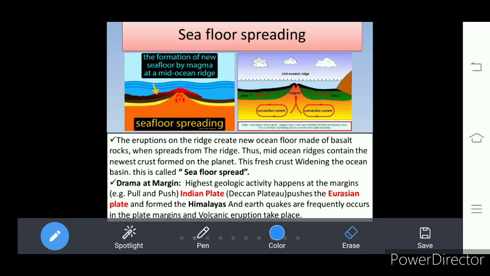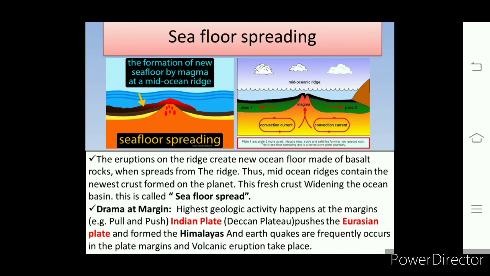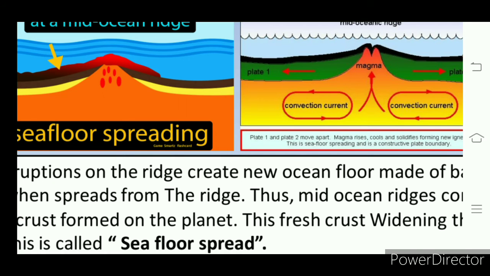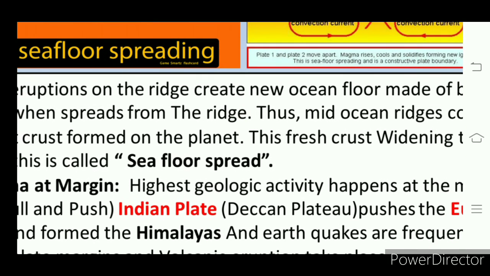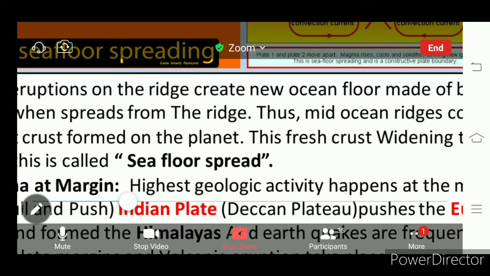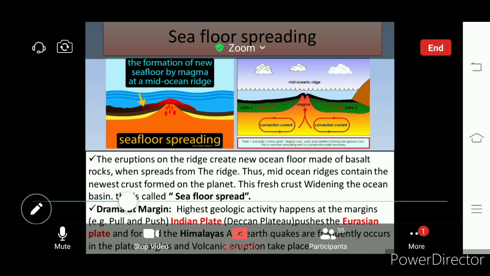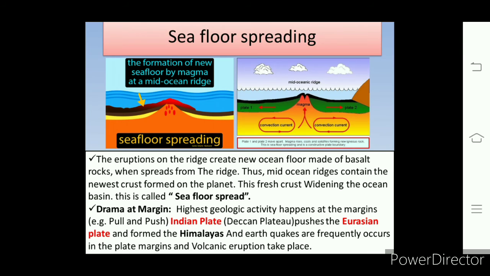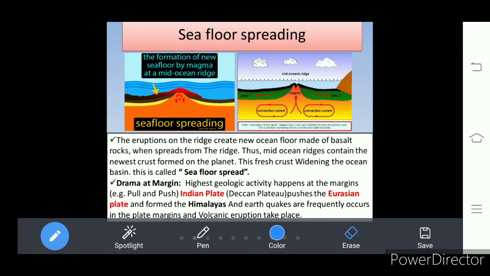What is meant by geologic activity? That means the constant pushing of the plates at the plate margins.